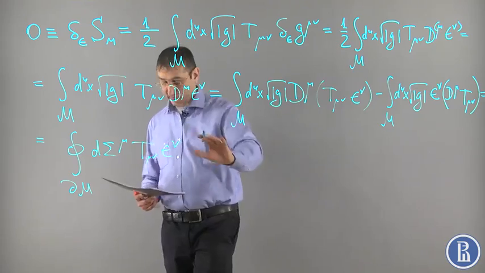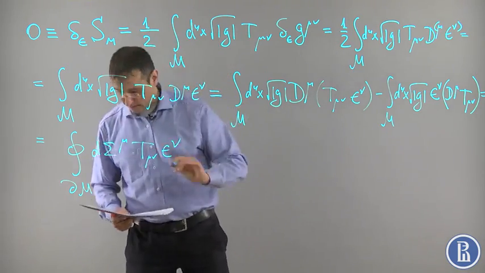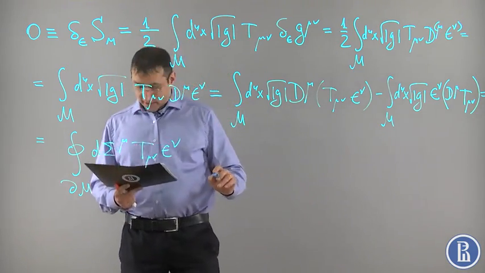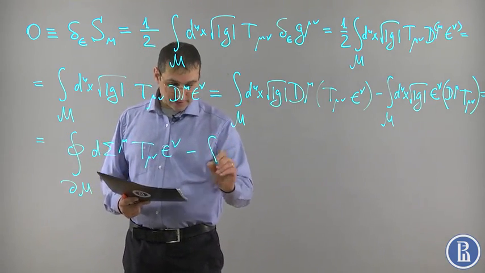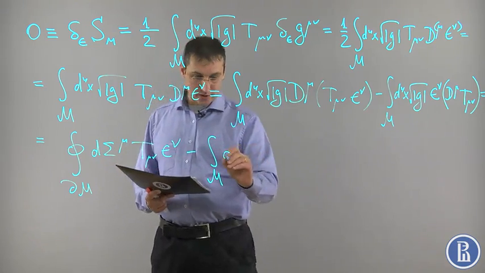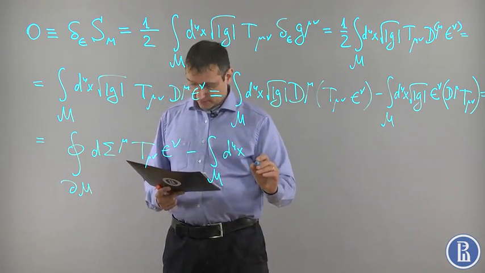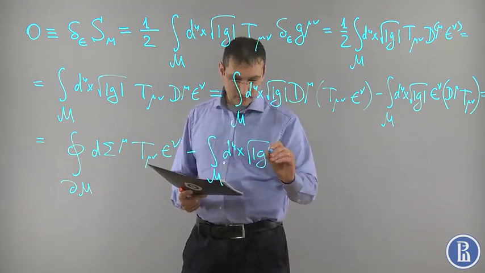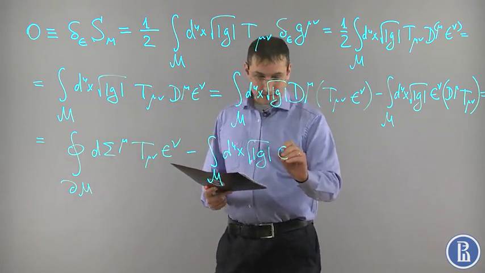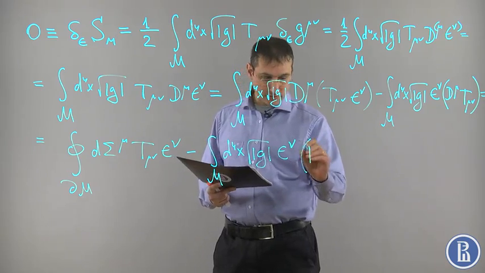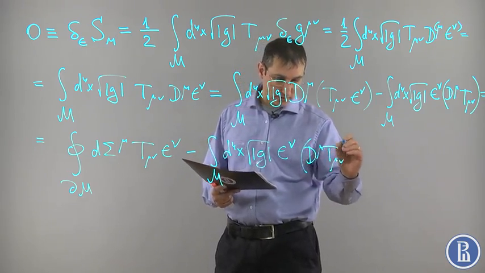The same kind of situation as we have encountered before in this lecture. And the second term remains the same, we don't change it: d4x square root of the modulus of g epsilon nu times d mu t mu nu.